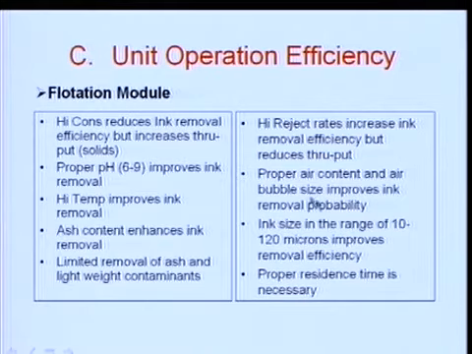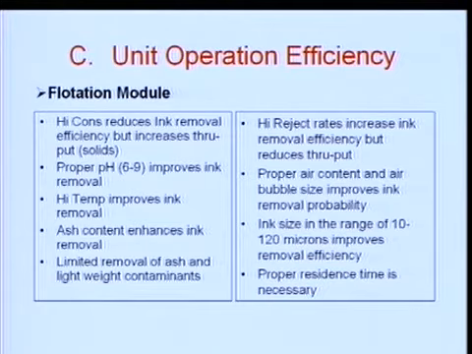And on the other side, on the operating conditions, proper air content and air bubble size distribution improve ink removal probability. Just large bubbles will not improve ink removal. Just very small micro bubbles will not improve ink removal either, because one small bubble is not good enough to take an ink particle up to float to the surface.